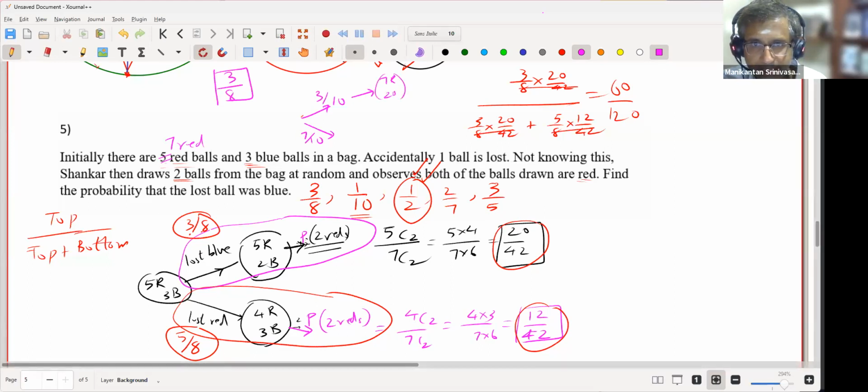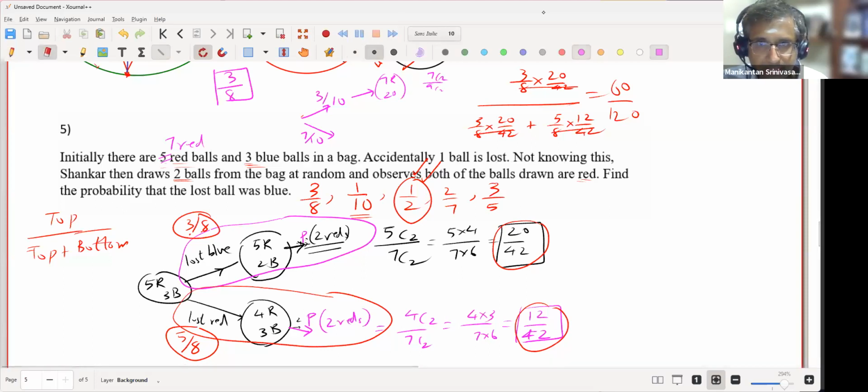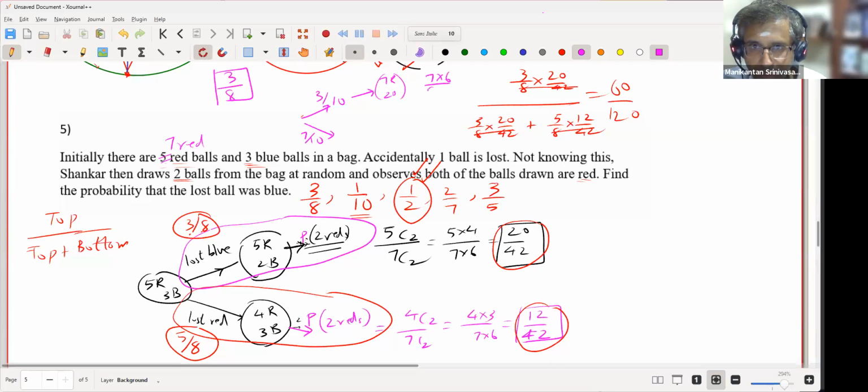So the probability is choosing 7 choose 2 upon 9 choose 2, which is 7 into 6 by 9 into 8. Here at the bottom, suppose I've lost a red ball. So it's 6 reds and 3 blues. So it'll be 6 into 5 by 9 into 8.